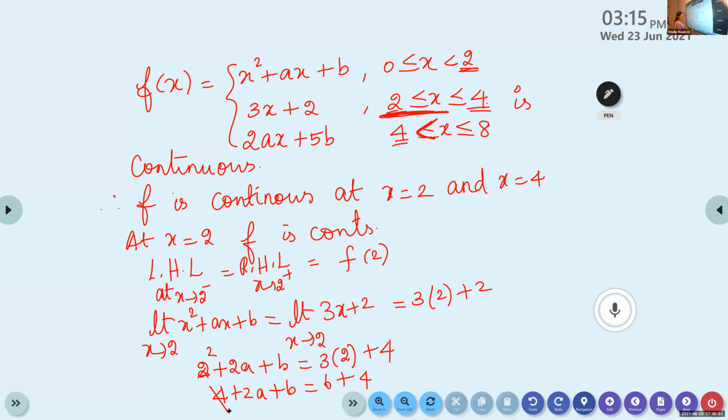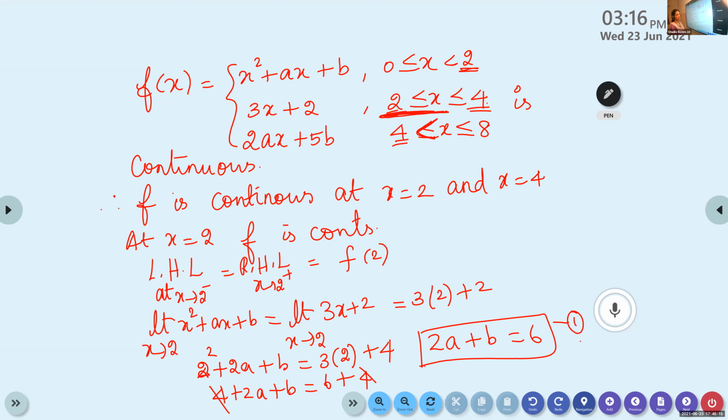Now we can cancel 4 on both sides, so we get a relation in terms of a and b: 2a plus b is equal to 6. Name this as equation 1.